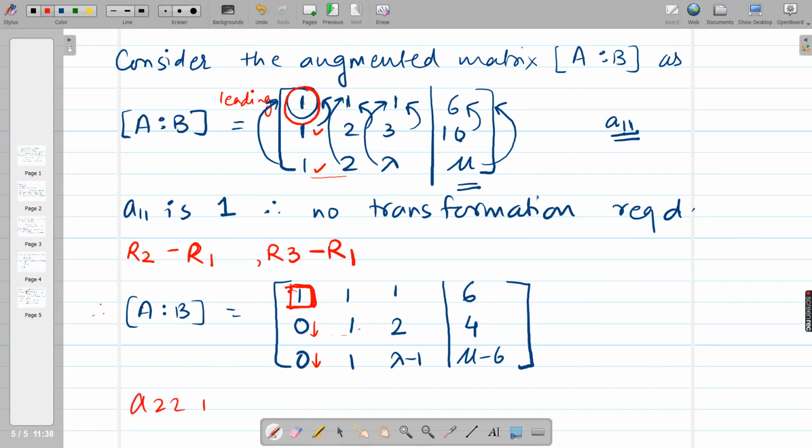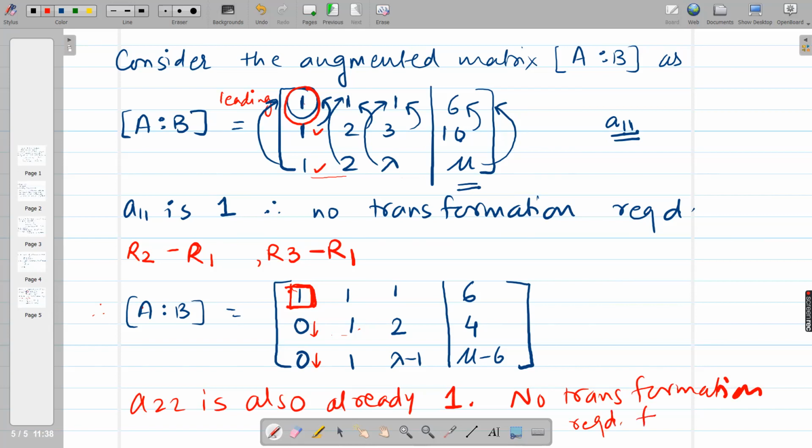So A22 is also already 1. So no transformation is required for A22. You need not reduce this A22. It is already 1. But the element which is below this leading one is this.